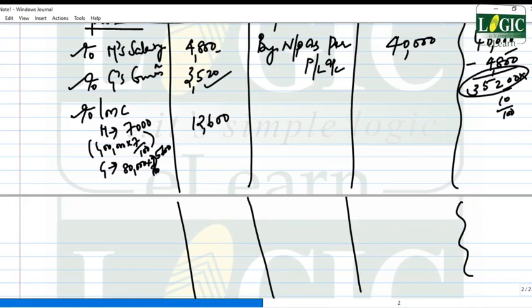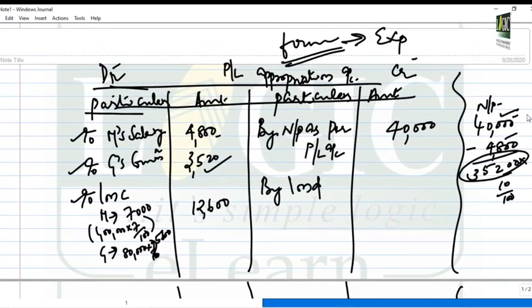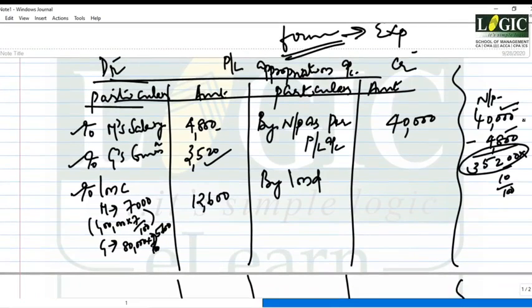Interest on drawings is payable by the partner to the firm for the money withdrawn from the firm for his personal use, so which is an income to the firm. So that is why interest on drawings is put on the credit side of the profit or loss appropriation account, something receivable by the firm, in other words, which adds to this 40,000.